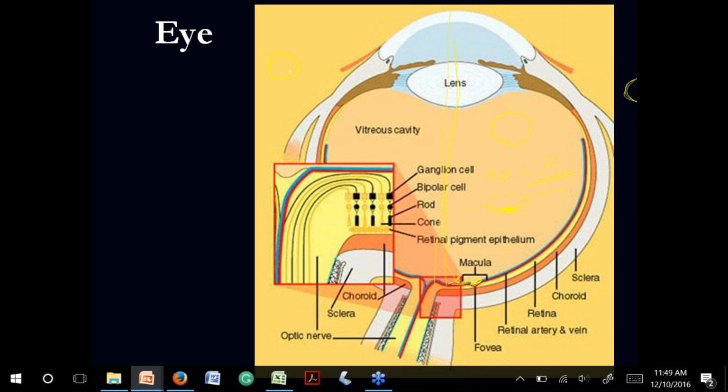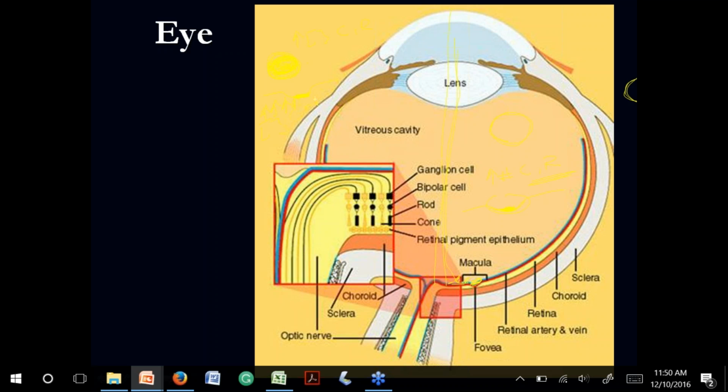When you look at the level of the macula, you see it like that. But if you look deeper at the level of the macula, you will see this. This is called the fovea. The innermost portion of the macula is the fovea. Even though the macula has high concentrations of cones and rods, the fovea has higher concentrations.